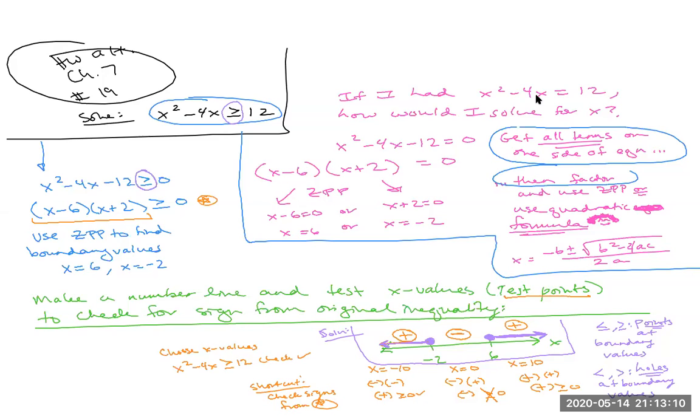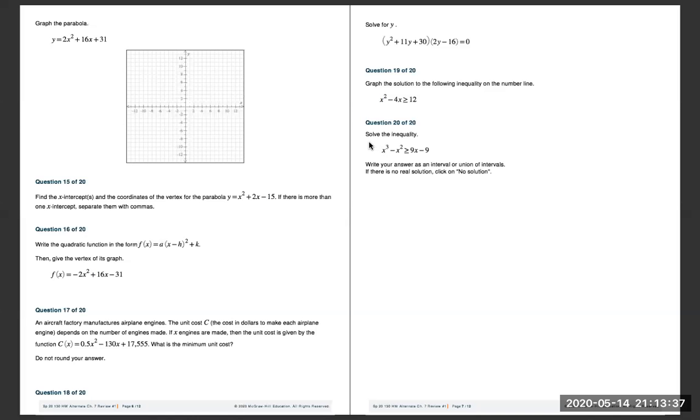Number 20 is going to be very similar. Main problem with number 20 is we are starting off with a cubic function. So let me go ahead and stop my share after I clear this out. Go back to the notes so you have a refresher. Solve the inequality.